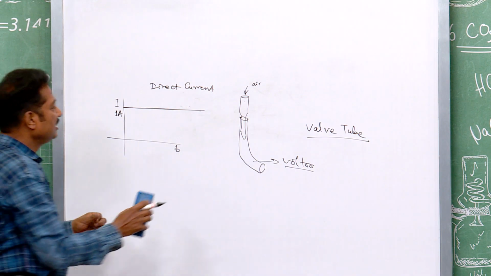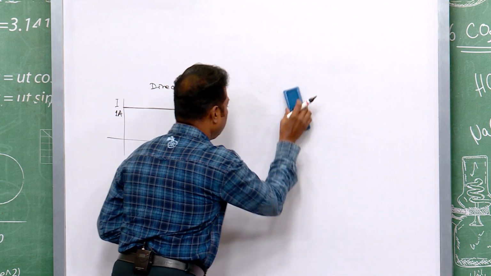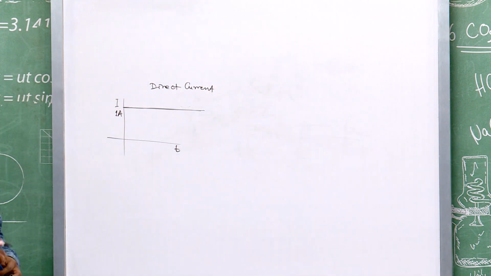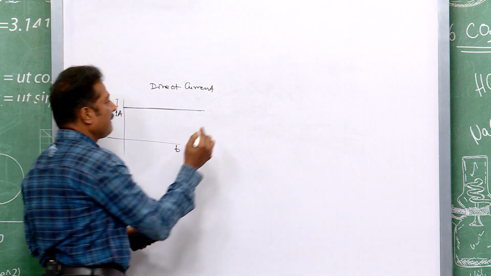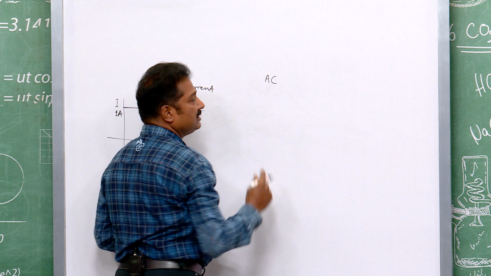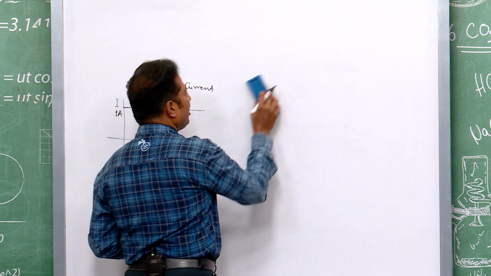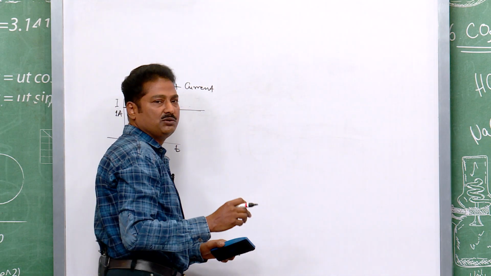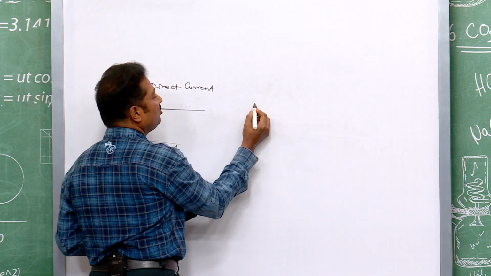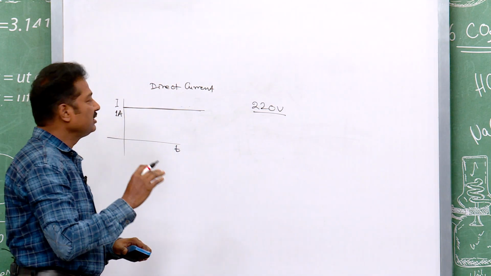So, what about alternating signal, alternating current or alternating voltage? Now talk of alternating current, we call it AC. In our household domestic use, we get about 220 volt, that is a voltage which is AC.